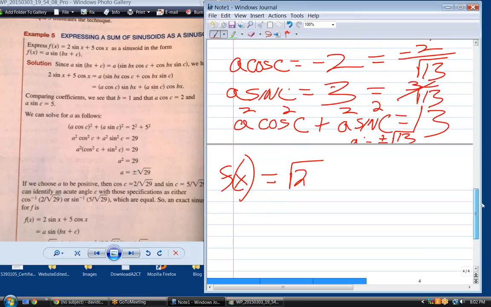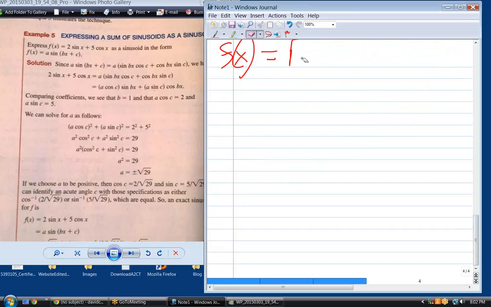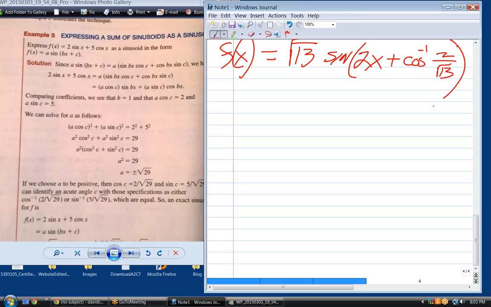Our case, a came out to be square root of 13, times the sine of 2x plus c, and c is the inverse cosine of 2 over root 13. There you go.